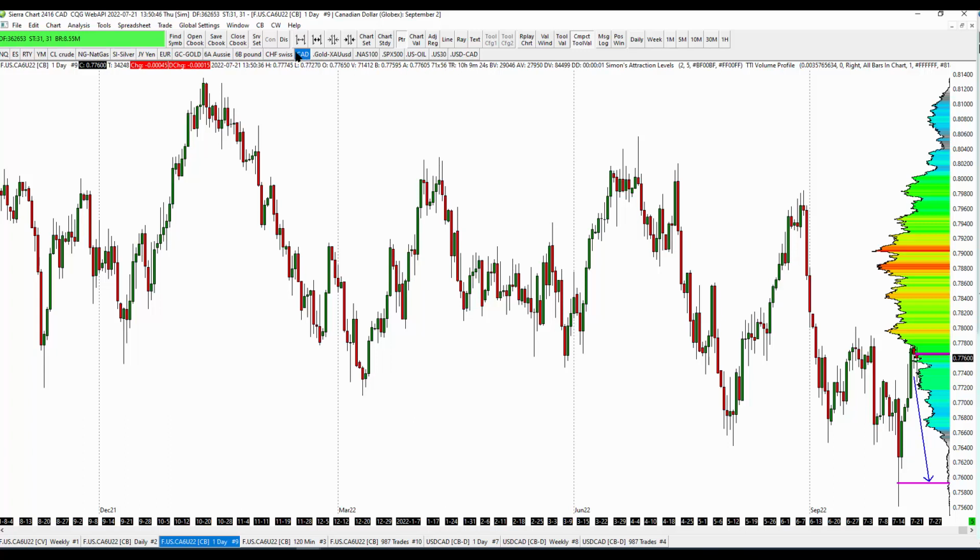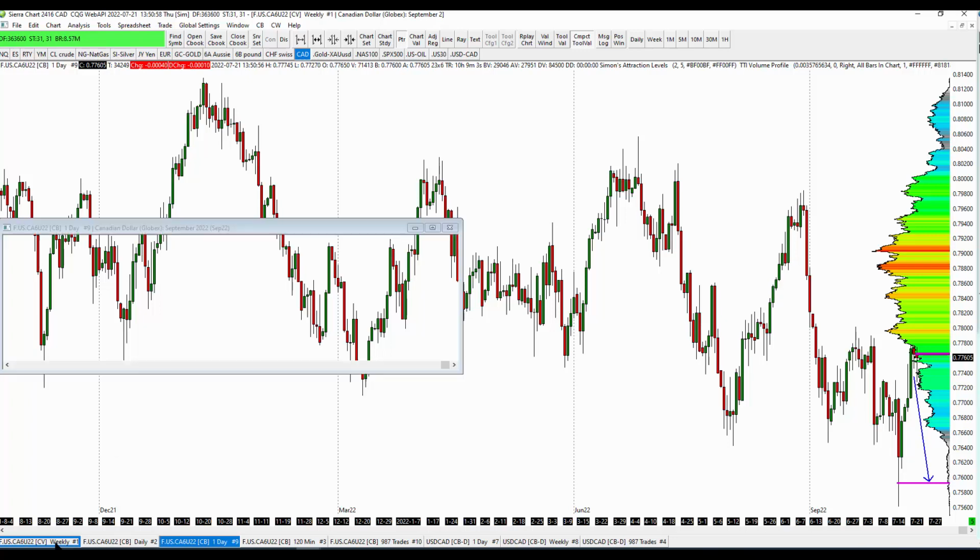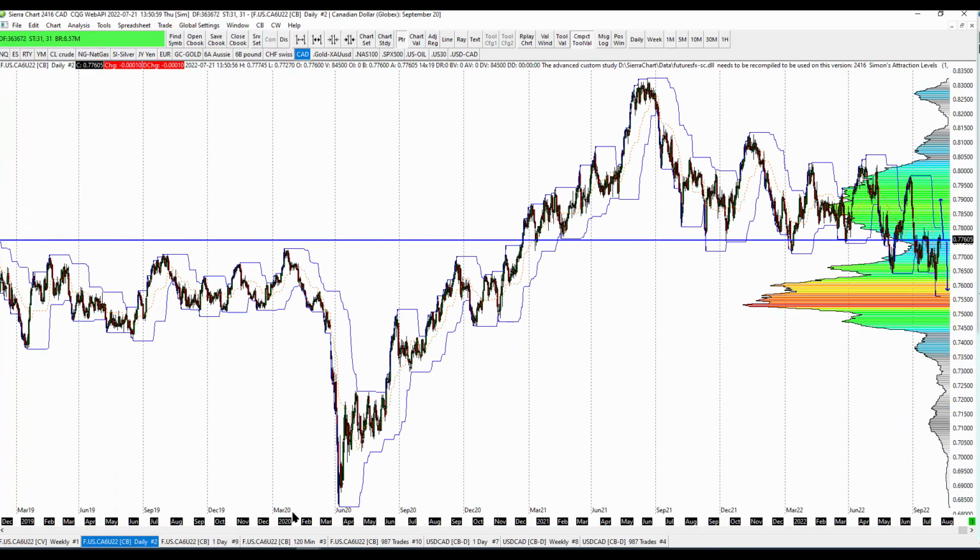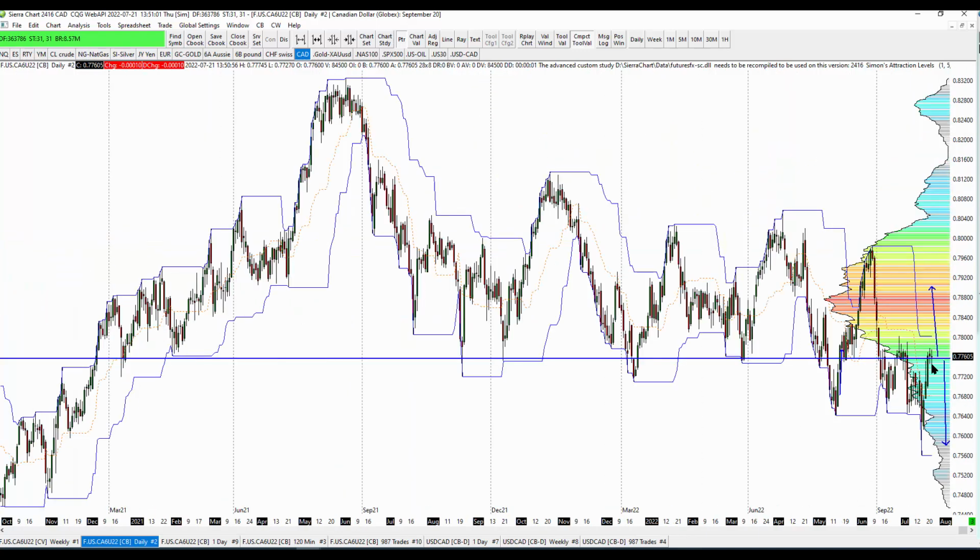Remember, CAD in the futures market, the Canadian dollar, is the main currency on the left. This is CAD versus US. So it's showing that it's coming down, for example. If I look at weekly or daily CAD, there's a chance for it to go up if it goes above this price, or down if it comes below this price. We call this a do or die level.